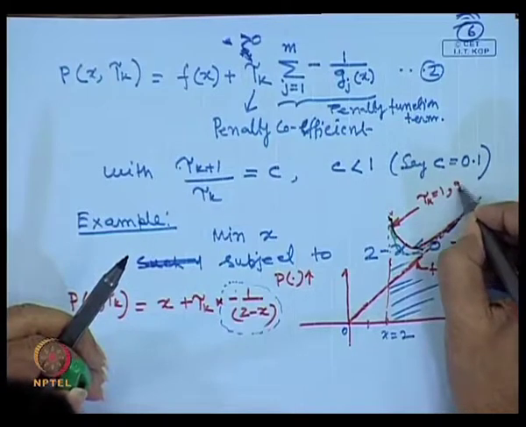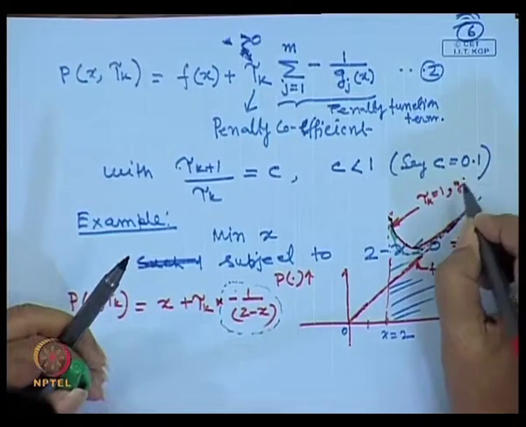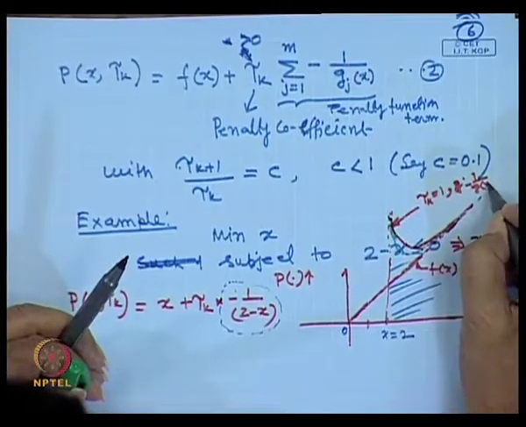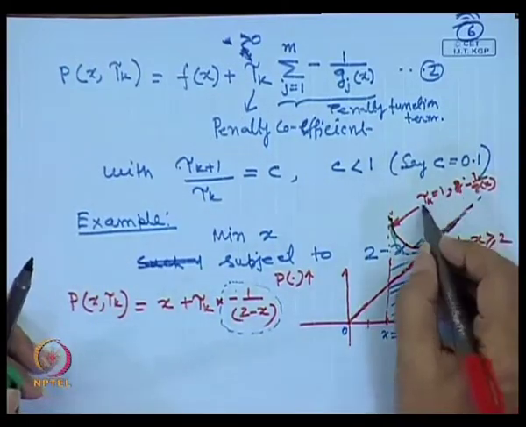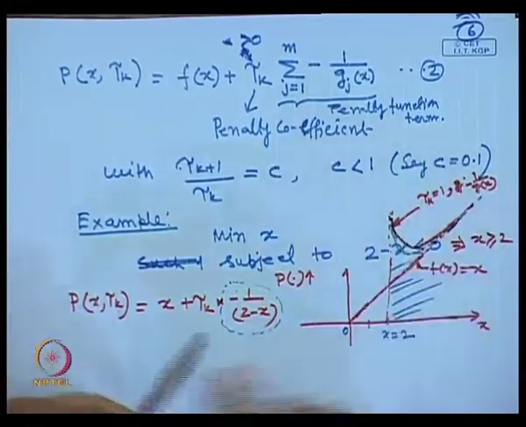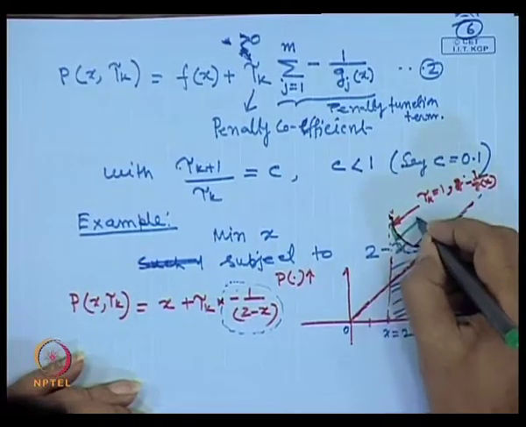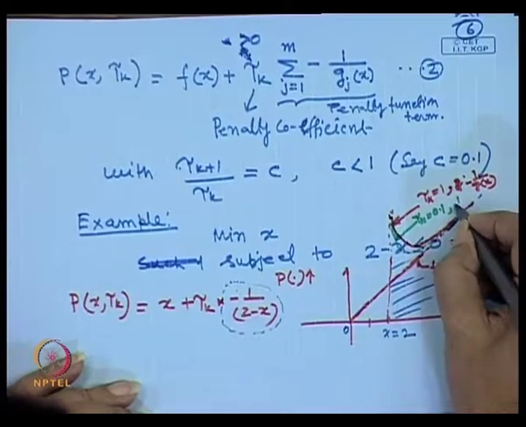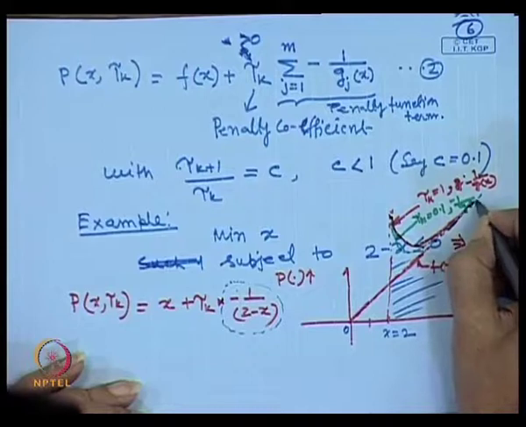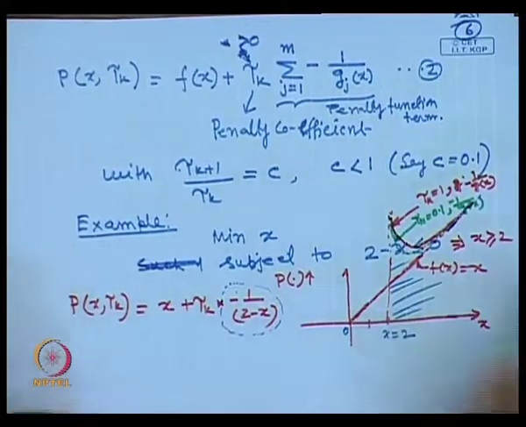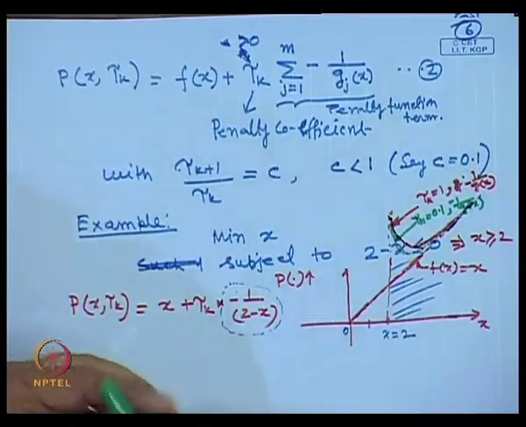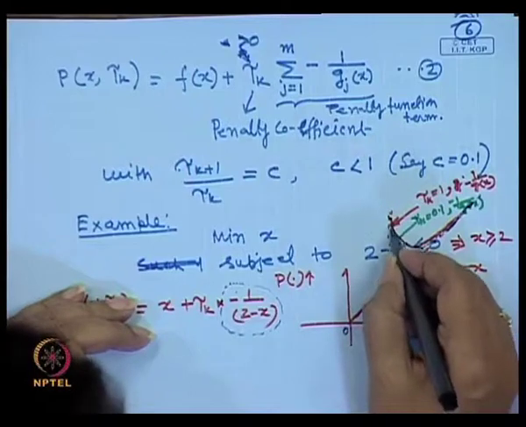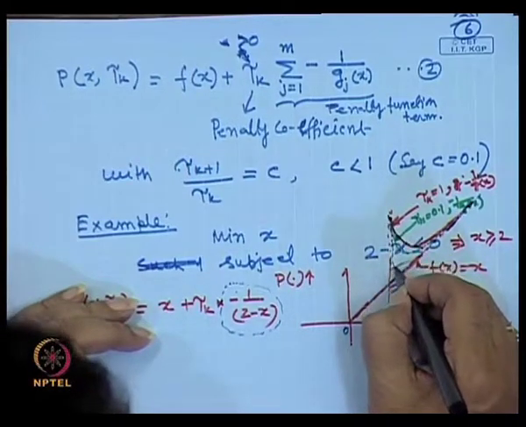So, what we have discussed in this figure: the first statement is made when x is far away from the boundary, this quantity is large, that means 1 by this is very small. In that situation the penalty function value and objective function will be the same. When our variable x is closer to the boundary, then the 1 by g of x value will be very large.